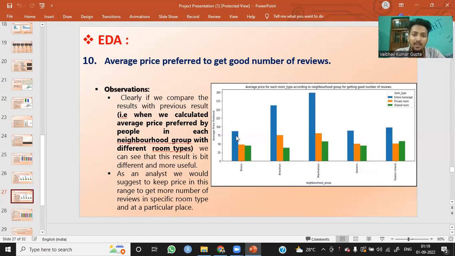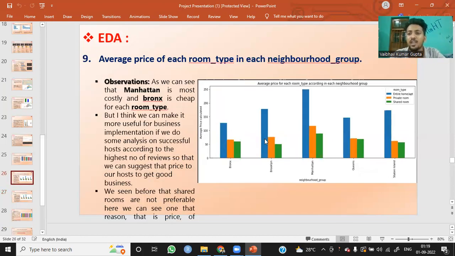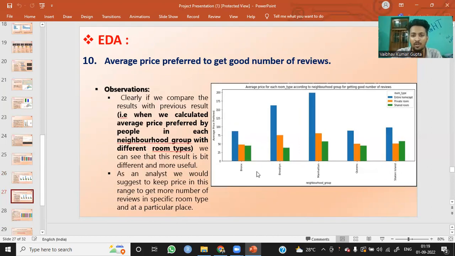So we can clearly see that there is a bit of difference from the previous plot. As you can see in the previous plot, the entire home apartment for the Bronx has an average price of more or less 125, but if you see this plot for the good review one, it is approximately 85.